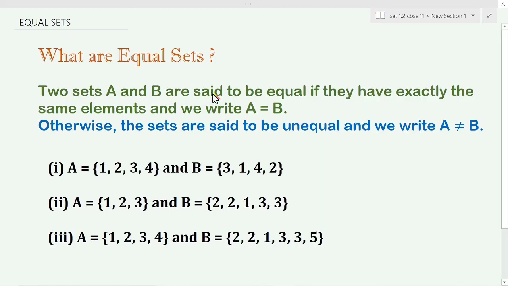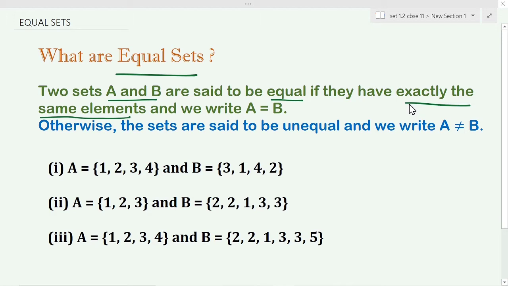Now the topic is equal sets. What are equal sets? Two sets A and B are said to be equal if they have exactly the same elements. This is very important.